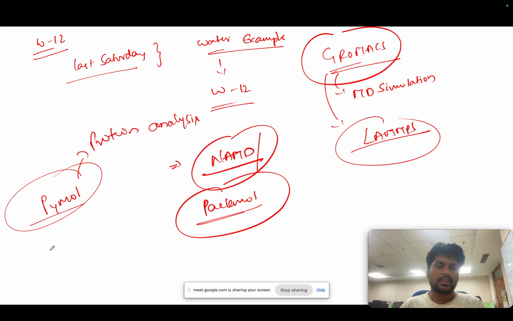From a thermodynamics point of view, GROMACS, LAMMPS, NAMD, and Packmol, these four you can use to add molecules into the system.